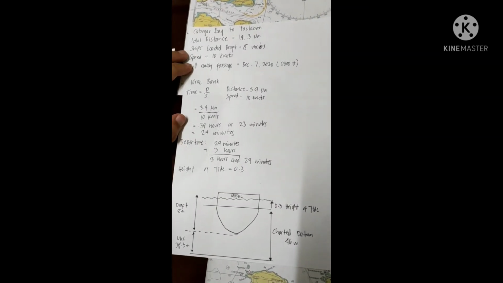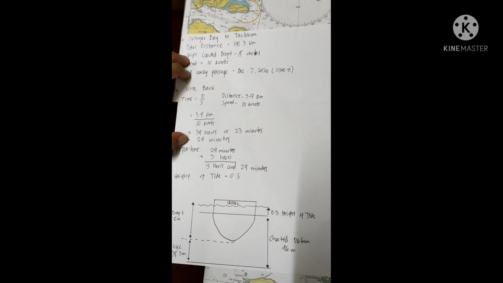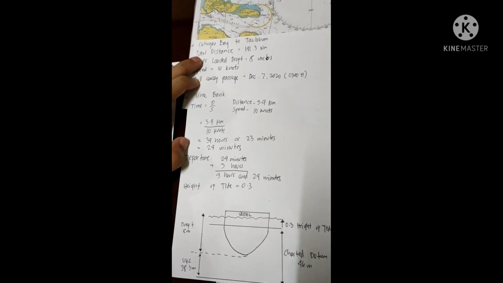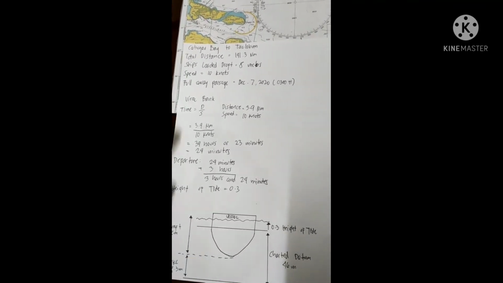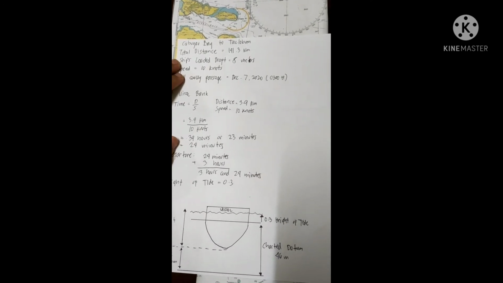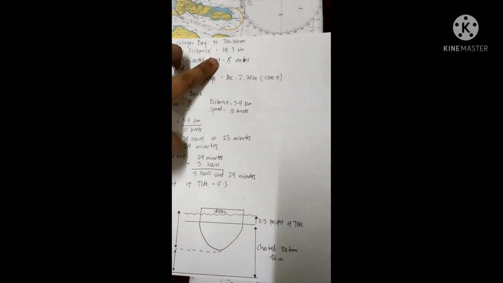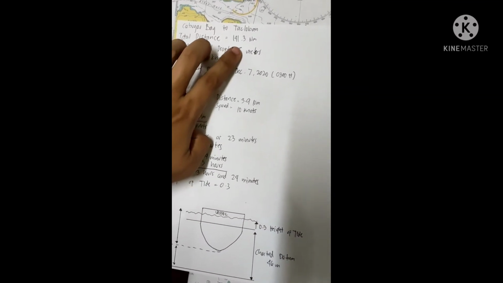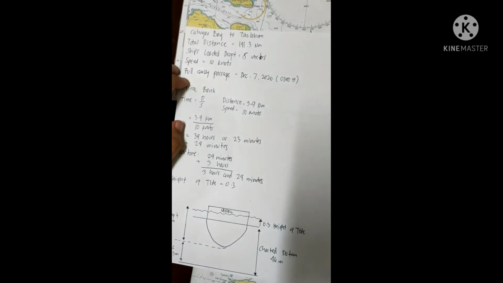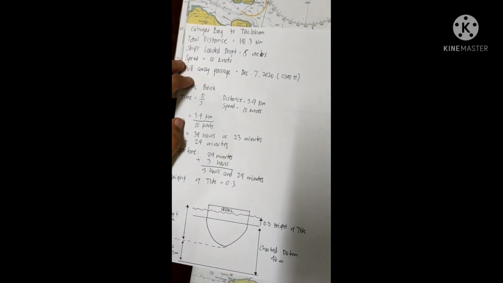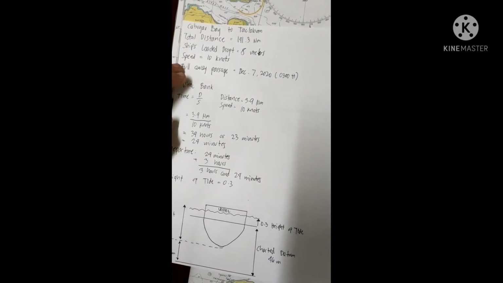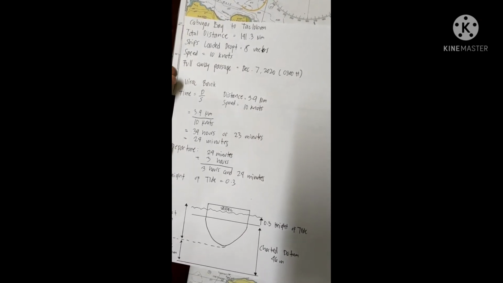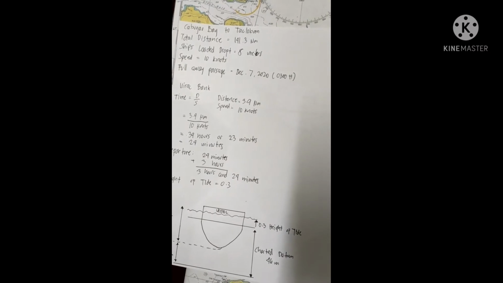This is the solution, or the illustration, of the Virac Bank. Kabugay Bay to Tacloban: total distance is 141.3 nautical miles. Ship loaded draft is 8 meters. Speed is 10 knots. Full away passage is on December 7, 2020 at 0300 hours.